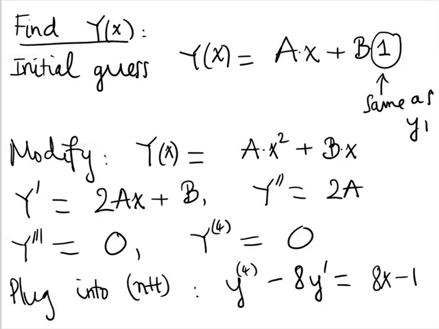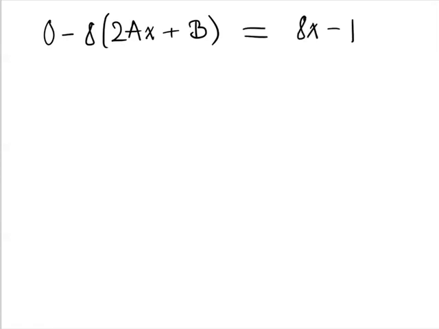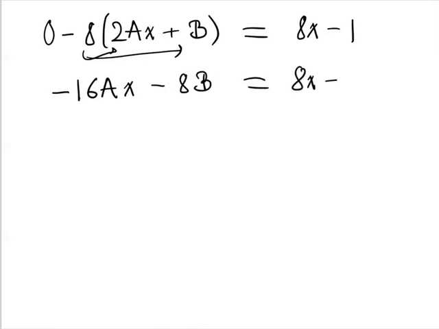The fourth derivative is 0, so we only need to use y prime, which is 2ax plus b. So we get 0 minus 8 times 2ax plus b equals 8x minus 1. Distribute, we get minus 16ax minus 8b equals 8x minus 1.